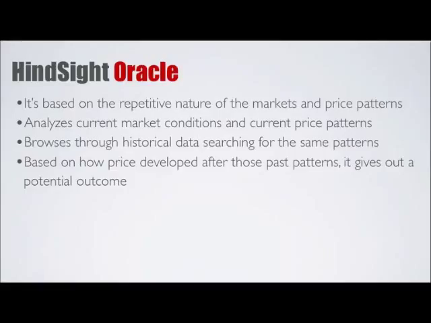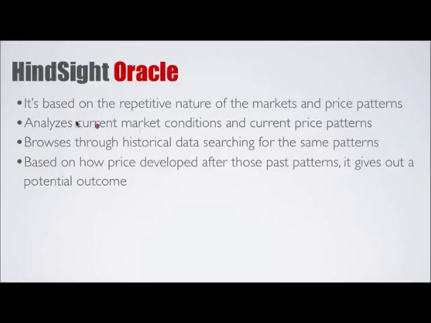All right, so let me try to reword that. Firstly, it analyzes what's going on right now, then it searches for that same situation in the past, then it analyzes how price behaved or evolved in the past from that price pattern onwards, calculates that past outcome, and then brings that outcome forward into the present in order to give a potential estimate on how price may behave over the next 10 or 20 bars.